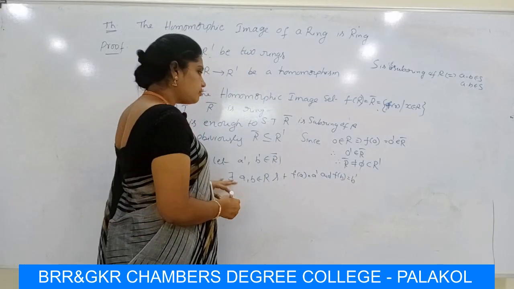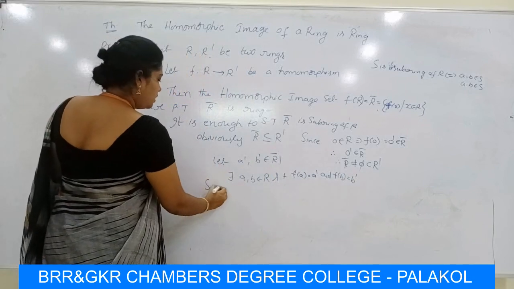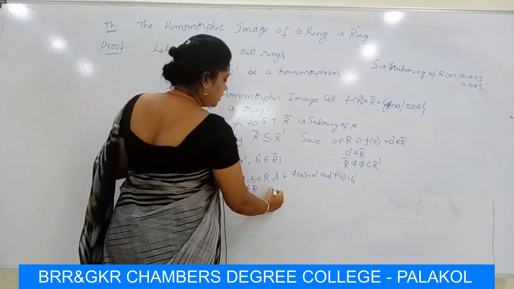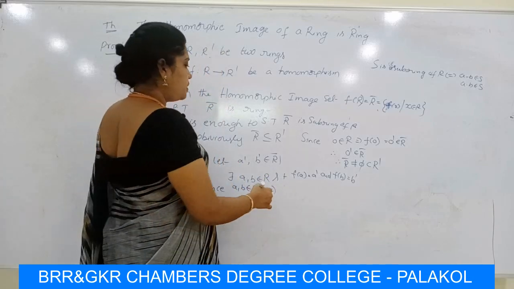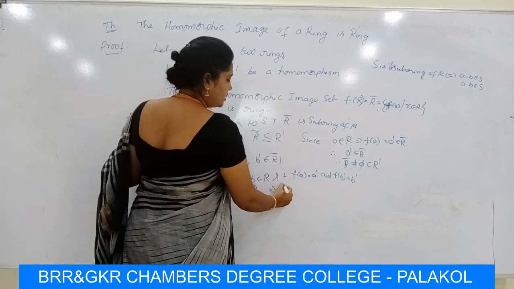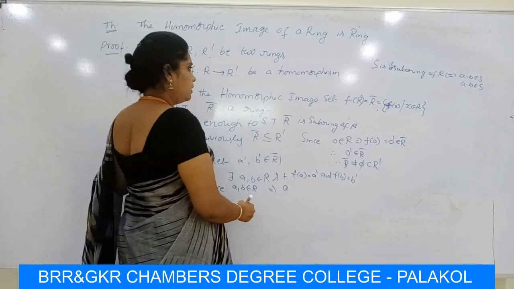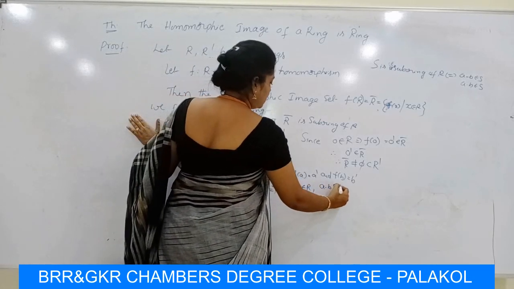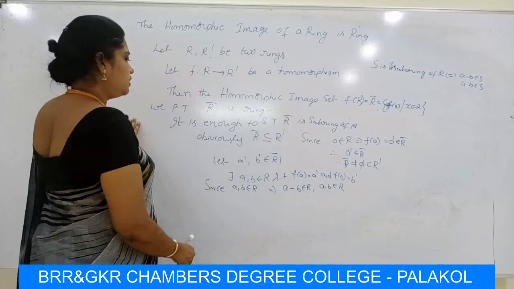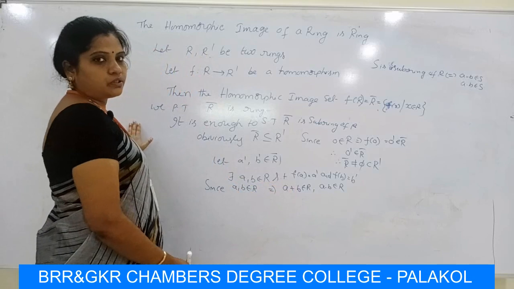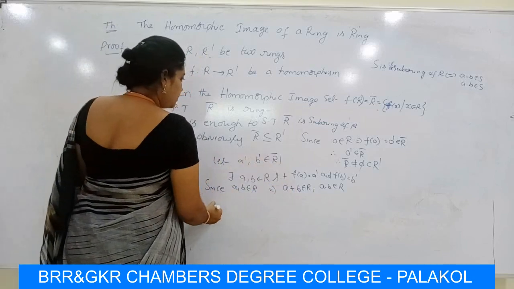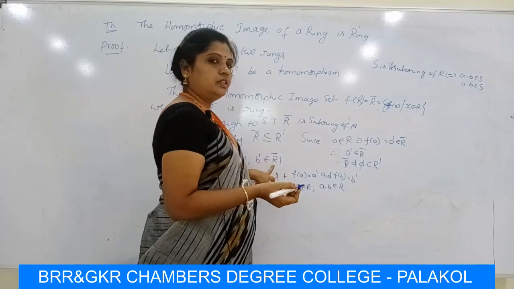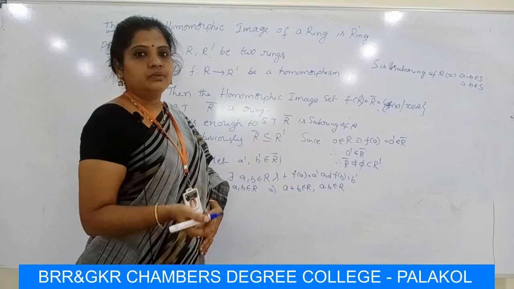Now here a, b are elements of R. Since R is a ring, a plus b also belongs to R and a minus b belongs to R, and a dot b also belongs to R. Now we have to prove a dash minus b dash belongs to R bar and a dash into b dash belongs to R bar.